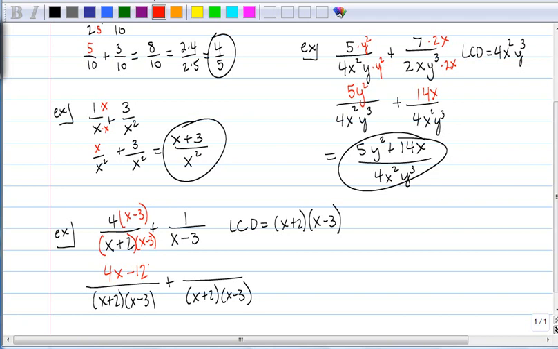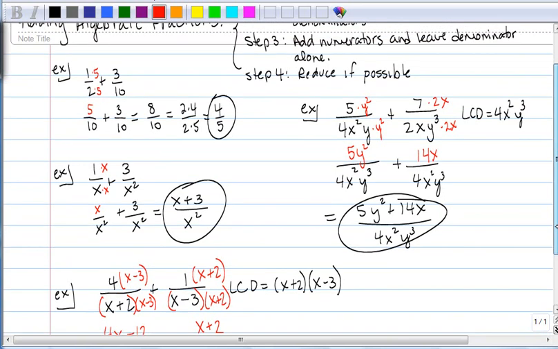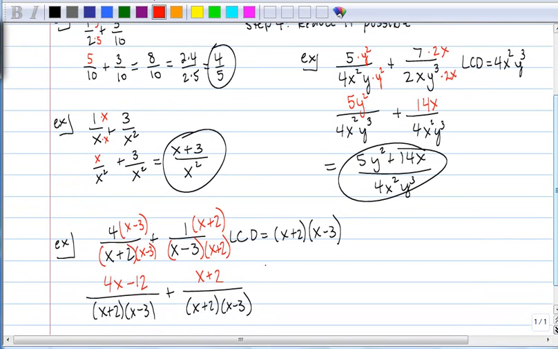On the second, it's missing an x plus 2, so we need to multiply top and bottom by x plus 2. Now we can do the last step, add the numerators and then leave the denominator alone. So what would that be? It's 5x minus 10. And that would be the answer.